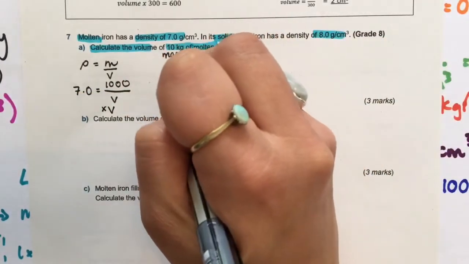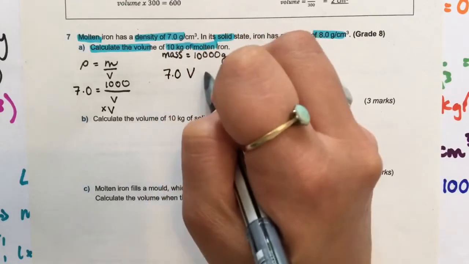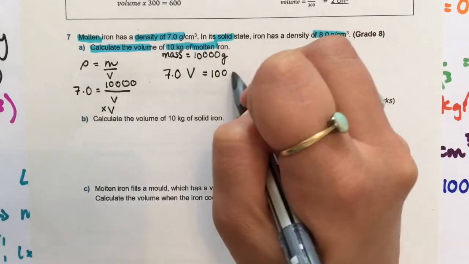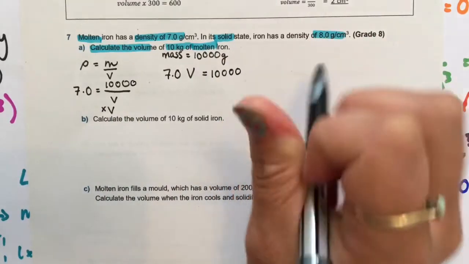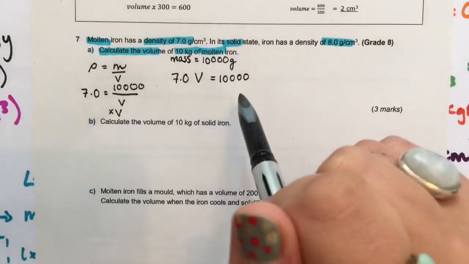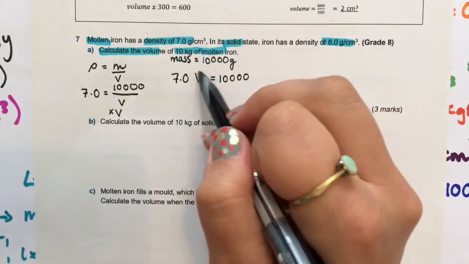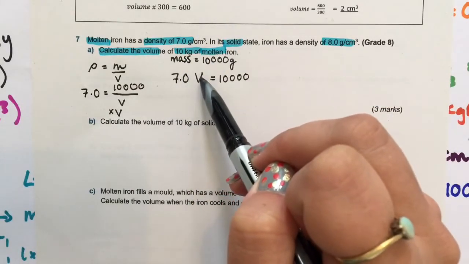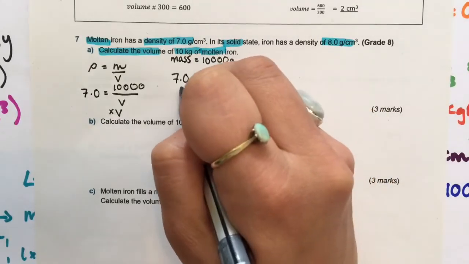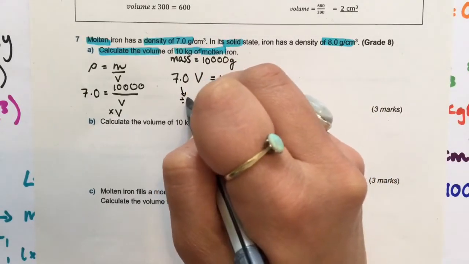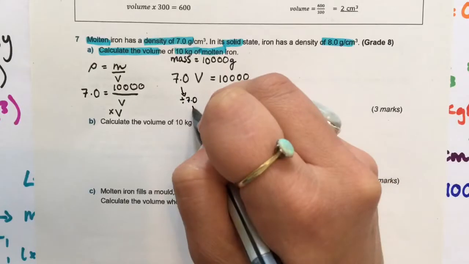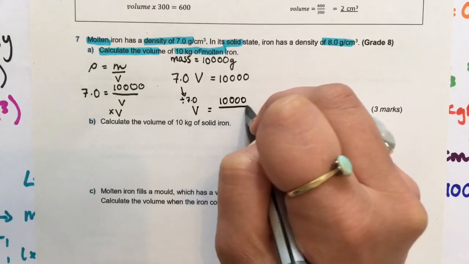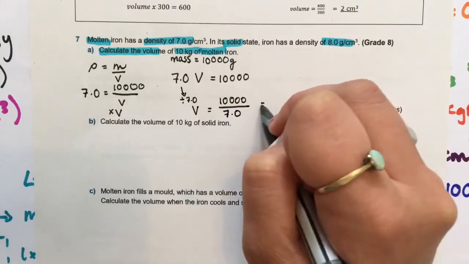So we would have 7.0 V is equal to 10,000. And now we need to make V the subject. We have 7.0 times V, so we need to do the opposite of this, which is to divide by 7.0. So V is equal to 10,000 divided by 7.0.